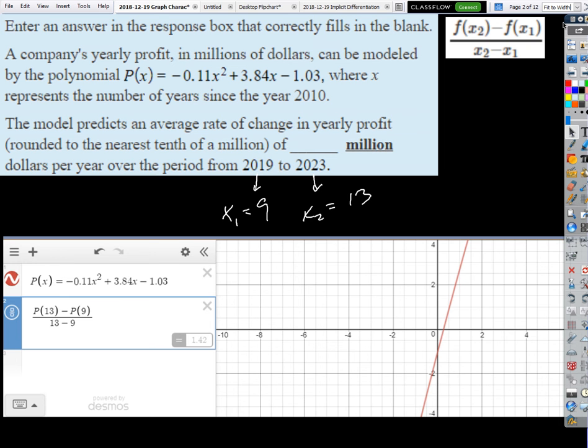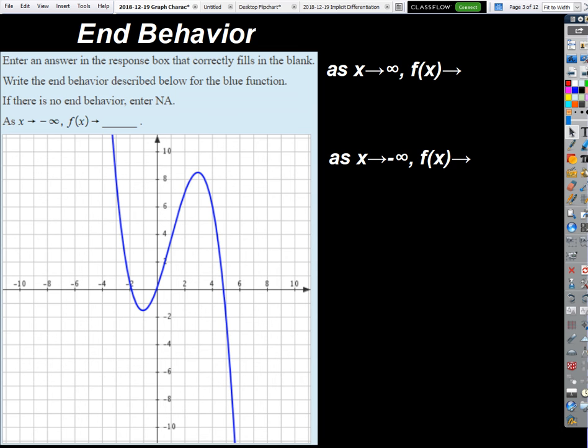Okay, so that just tells me that my answer is right from there. What's that color? Right, but it's already in millions, and so it's 1.4 million. Yeah. Okay. All right, so end behavior.